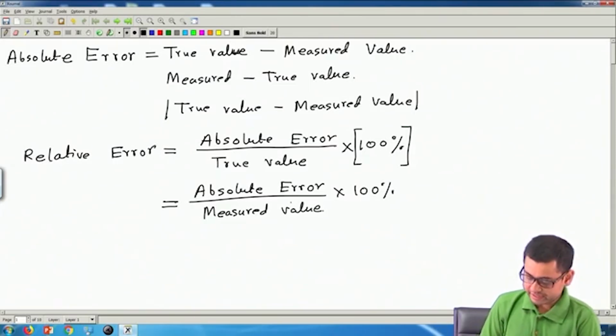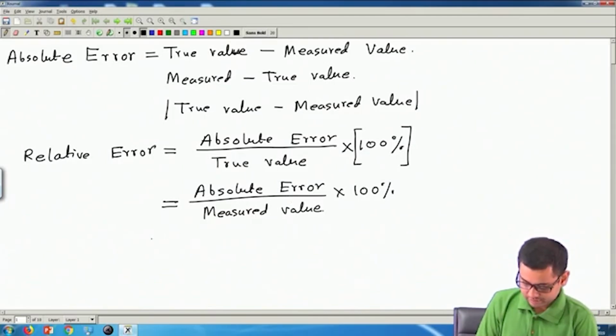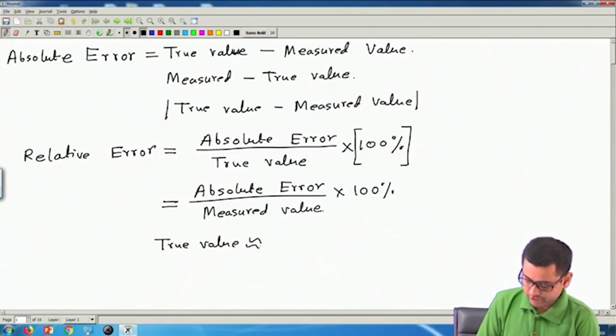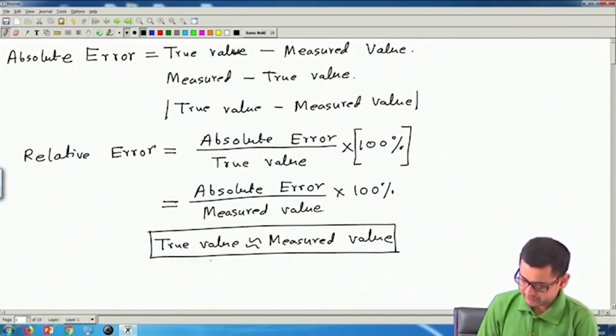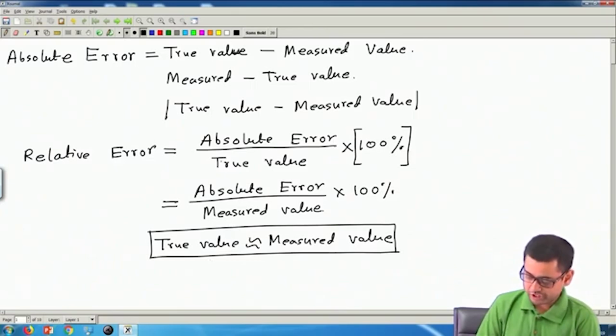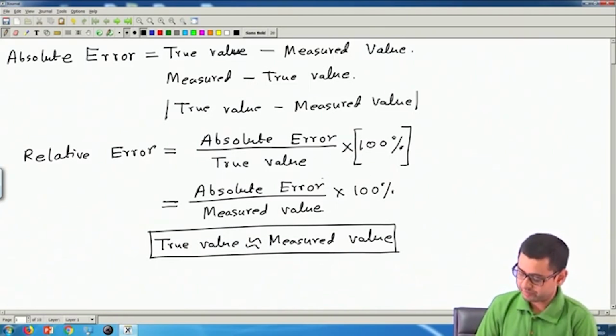In practice, if the meter or the method is not that bad, the true value should be close to the measured value. They are generally close, so whether you divide by the true value or the measured value, the two should come out the same. Depending on the situation, you can use either definition.